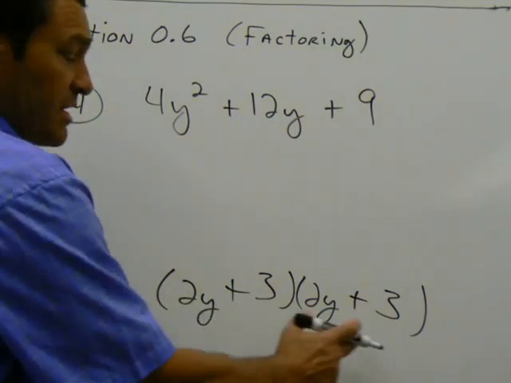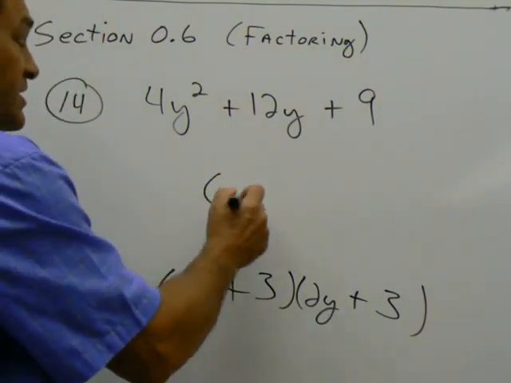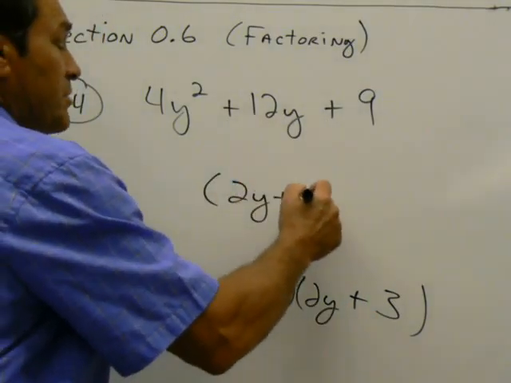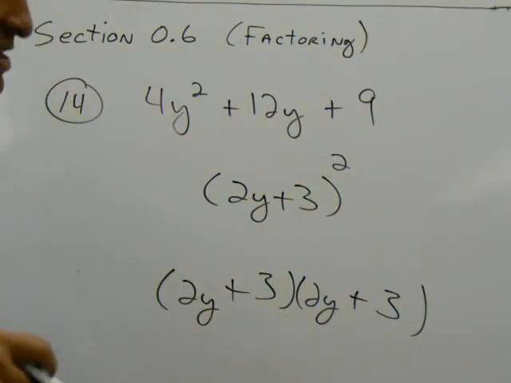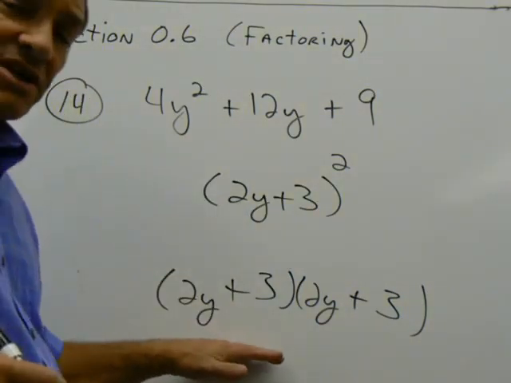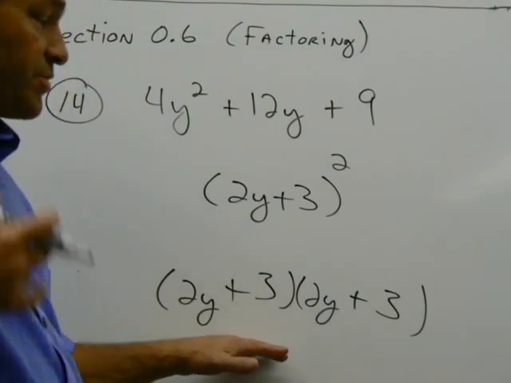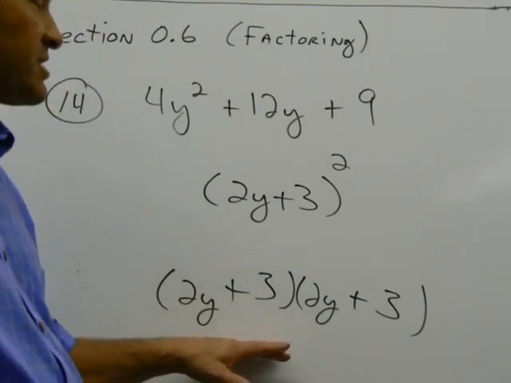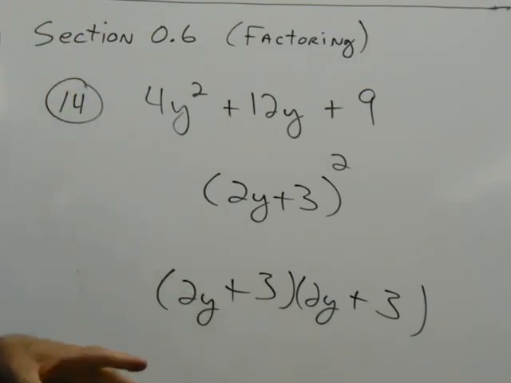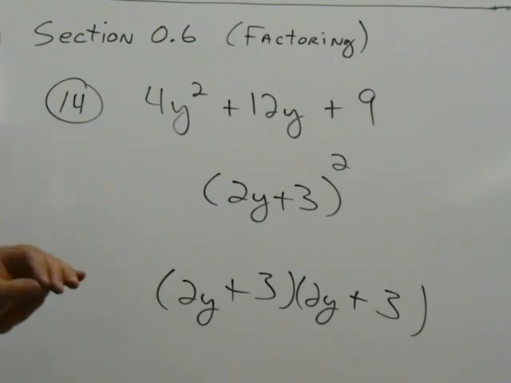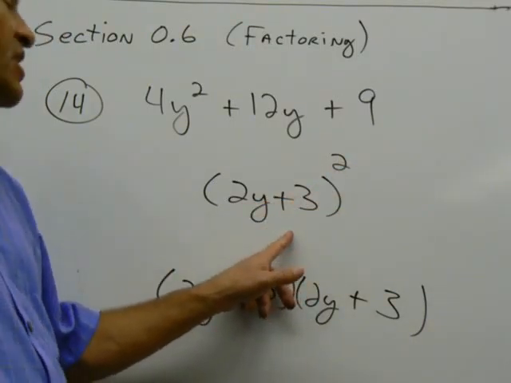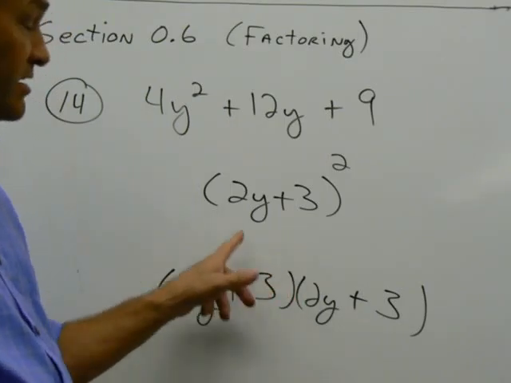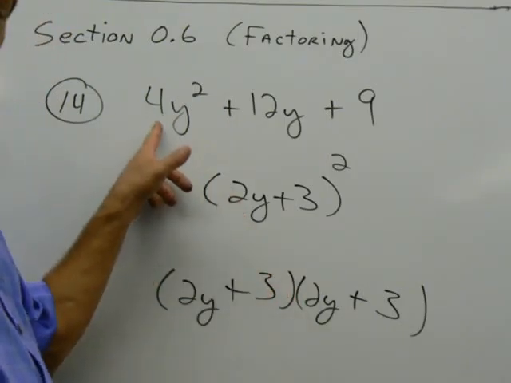If I have 2y plus 3 times 2y plus 3, isn't that the same thing as 2y plus 3 squared? Yes, it is. And either way of writing your answer would be fine for me. Just do whatever the answer in the textbook does. I will point out one other thing. We showed you some shortcuts for squaring a binomial sum in the last lecture. If I were to take that shortcut and apply it, square this term, I'd get this.